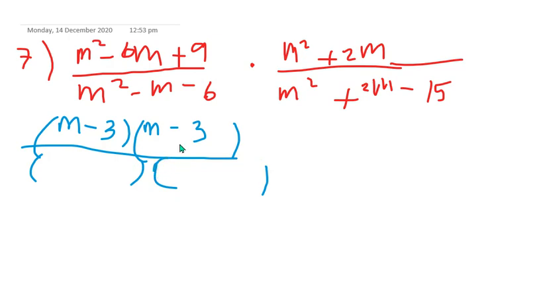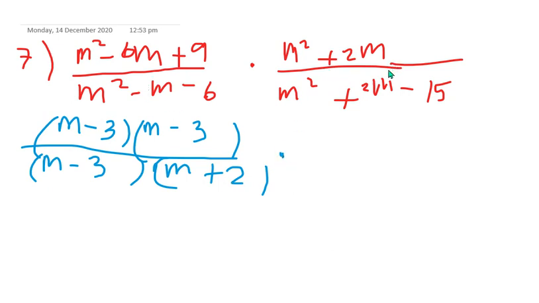So what is the factor of 6? When you subtract it or when you add it becomes 1. So we have m, so negative 3 and m plus 2. Okay? Why? Because negative 3 times 2 is negative 6. Negative 3 plus 2 is equal to negative 1. Okay, times.